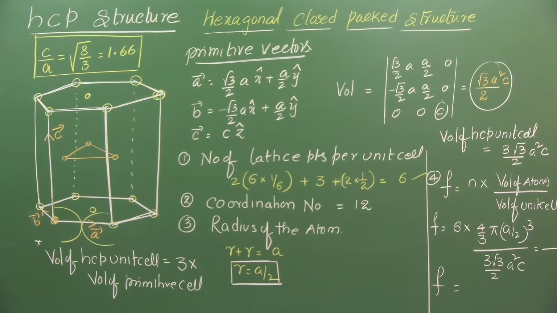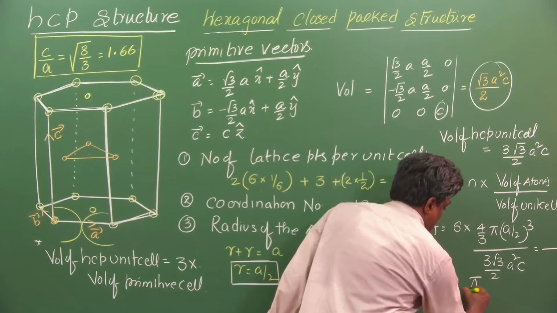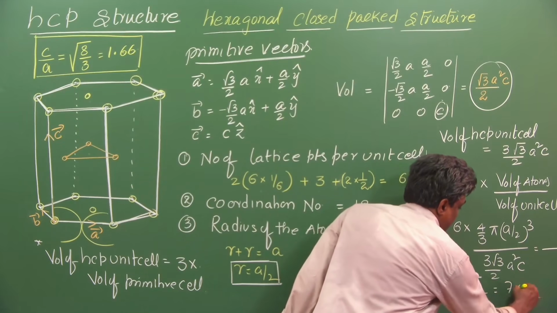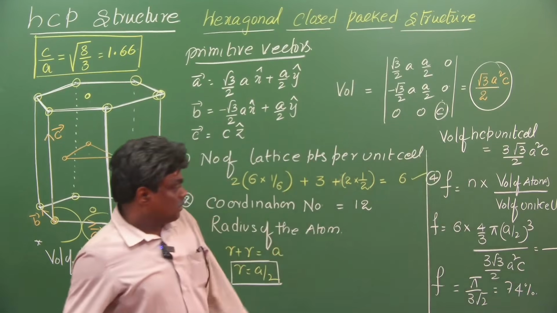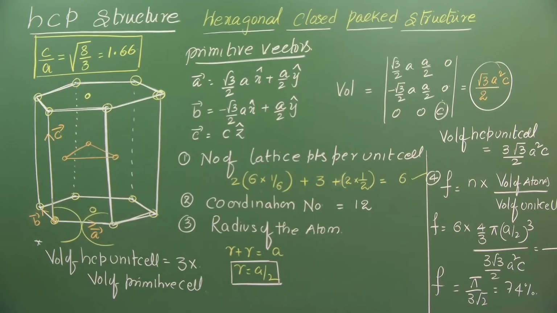In BCC, root 3 A by 4. FCC radius is A by 2 root 2. Answer F equals how much? Pi by 3 root 2. Same answer, 74%, same as FCC. But here C and A will be there, so you have to use this ratio. Then only you will get that answer.